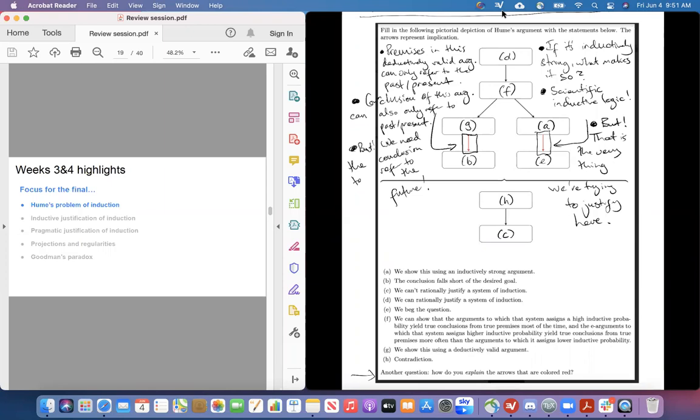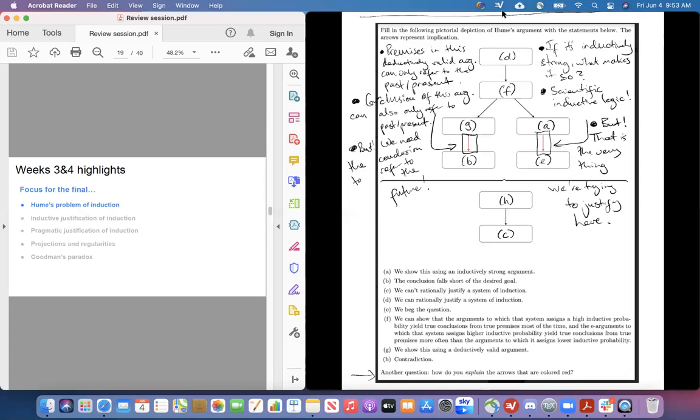Okay. I'm just wondering though, do they normally start out with the top one being trying to rationally justify something as an induction, and then you're going to end it with that you can't? I see. Yes. If you were asked maybe to describe Hume's argument, something like that.